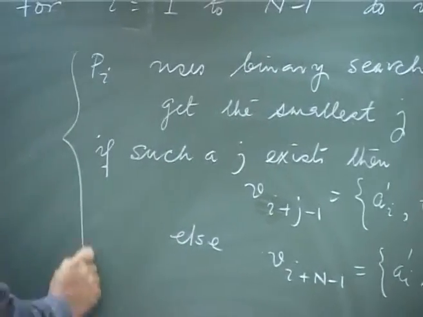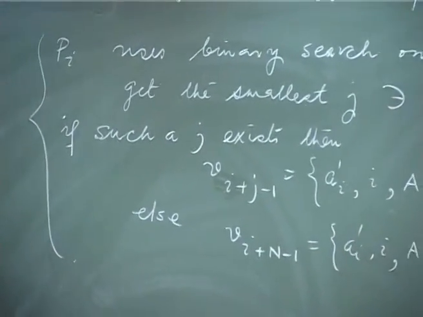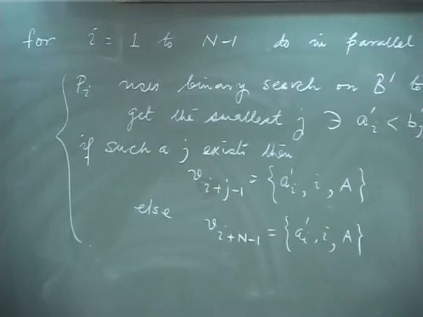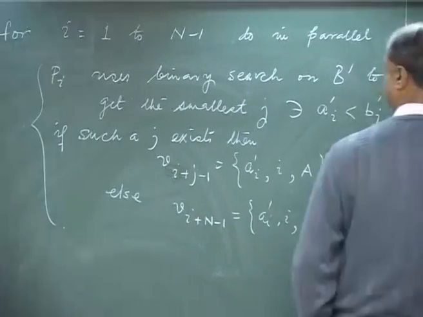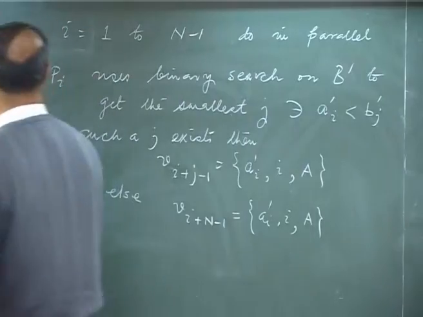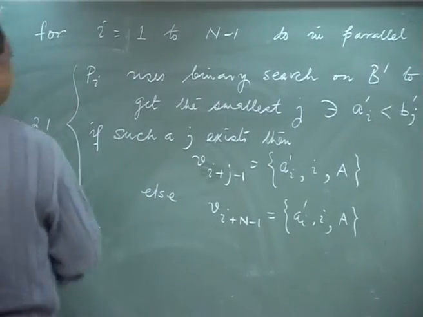So this is the first part. This has been done with reference to A. Now you do it with reference to B. So this is 2.1, say.